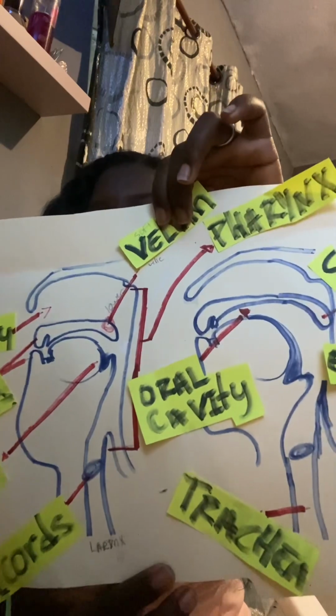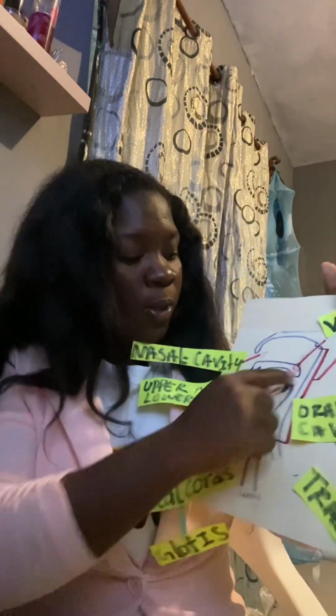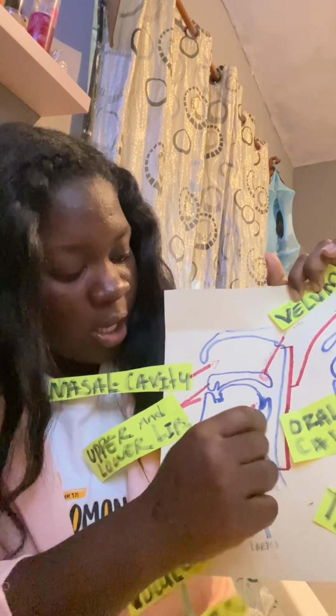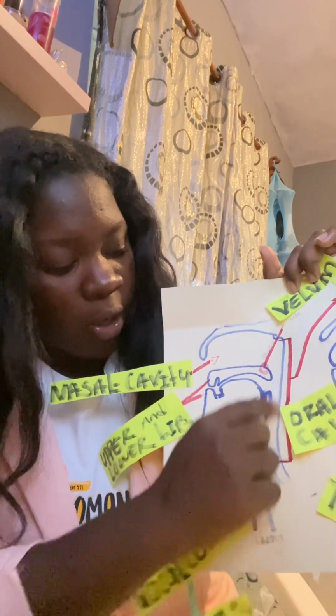See over here, the vocal tract may be divided into the oral cavity, the nasal cavity, and the pharyngeal cavity, or the throat cavity, right over here.